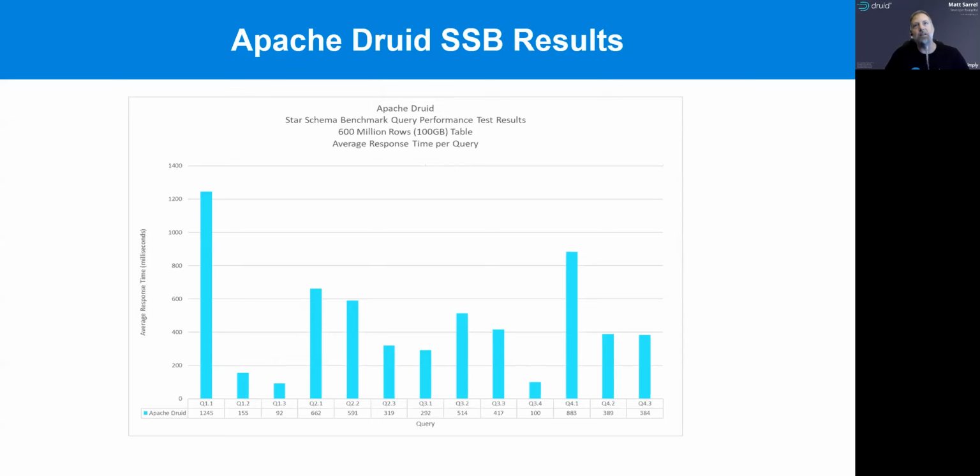This is kind of interesting, how this talk is happening at this time, because we're about to release Druid 0.20. These tests were run on 0.19. Looking at query 1.1 and query 4.1, I can tell you right now, the performance was poor in Druid because those queries failed to vectorize.